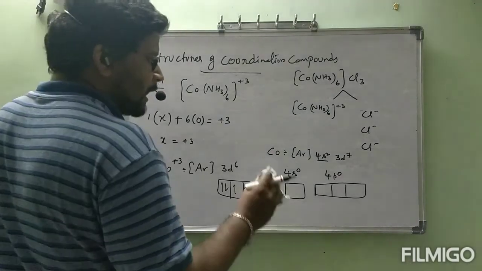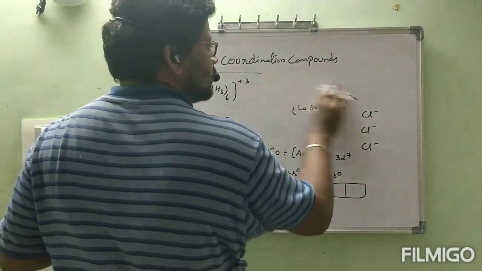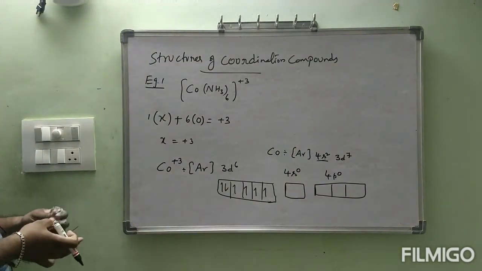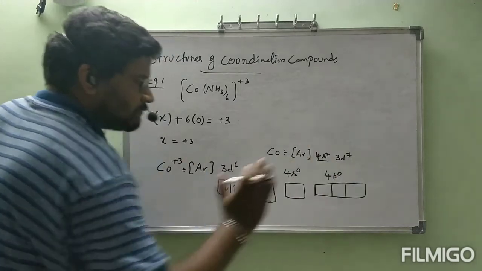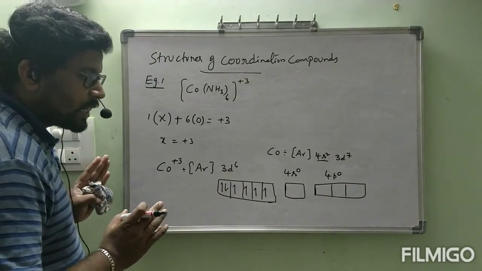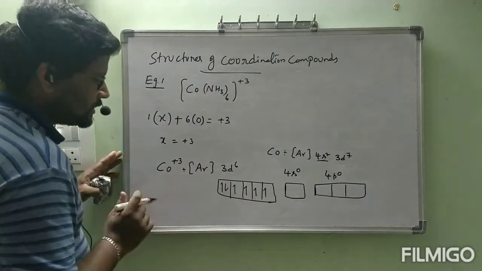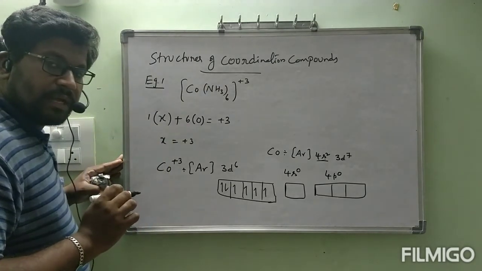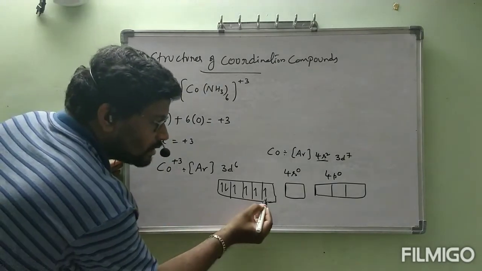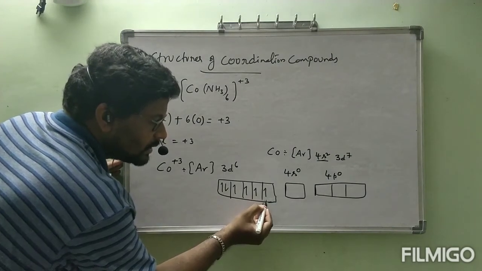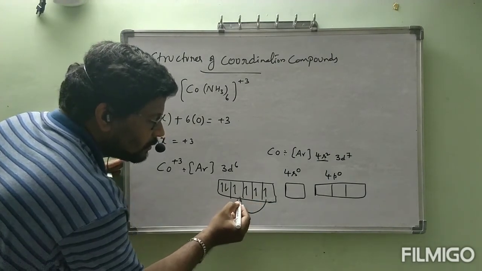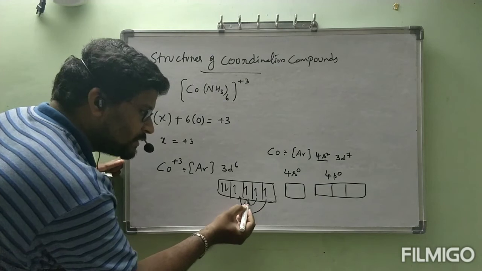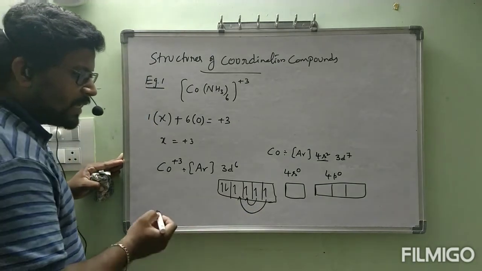Now I am going to rub this out. Now what is going to happen? This is the Co3+ configuration, but at the time of formation of bonds with NH3, Co3+ is going to form bonds with NH3. One electron present here will be pairing with this one. Next, the electron present here is going to pair with this one.